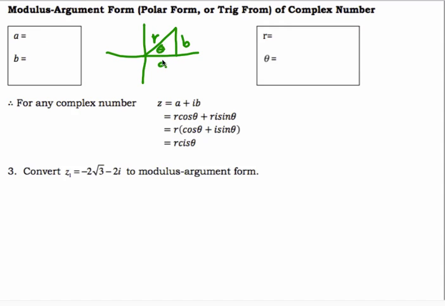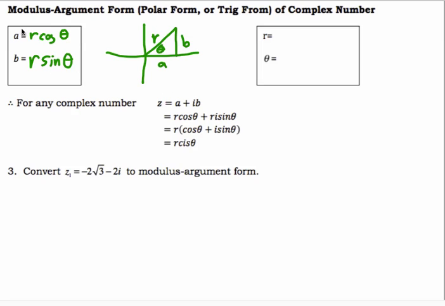You can see here from the diagram that A is actually R cosine theta, so cosine theta equals A divided by R. So A equals R cosine theta. And similarly, B equals R sine theta.